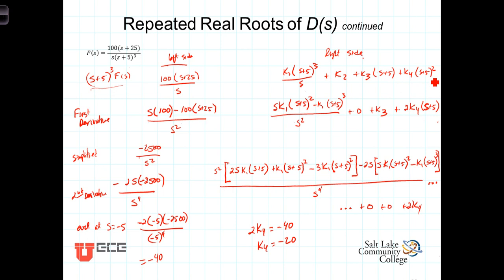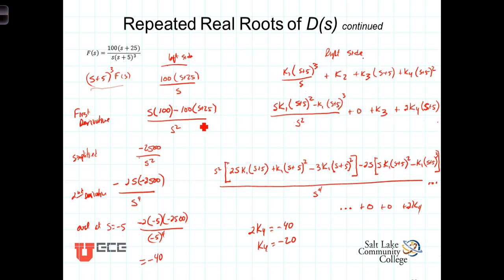Now, we already did, and so I'm just rewriting here. The derivative on the left side was this. The derivative on the right side was this. Now, to get k3, we simply evaluated both sides of this at s equals minus 5, and we were able to solve for k3. We already did that.